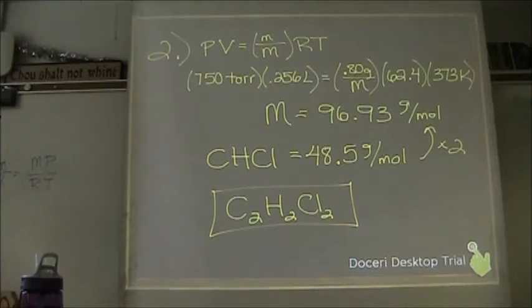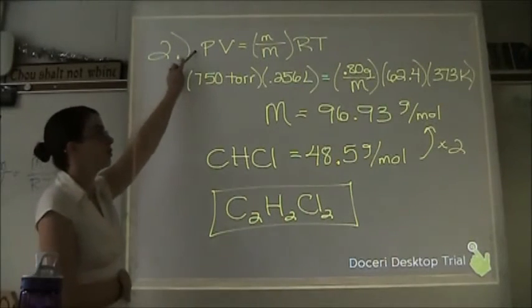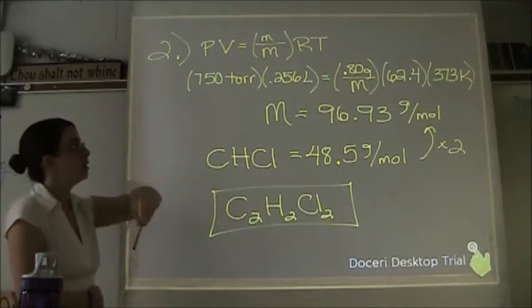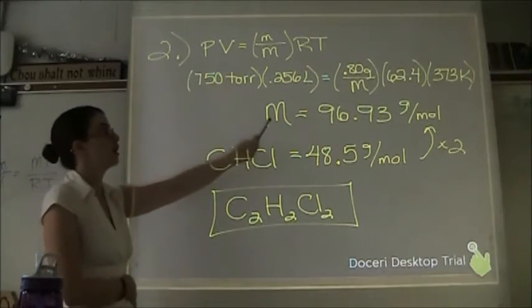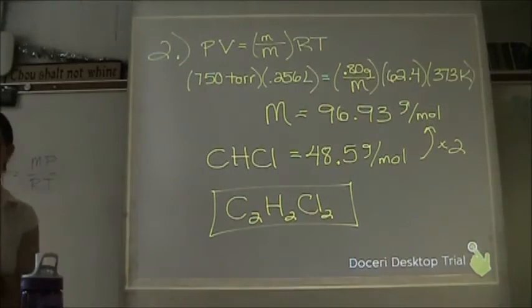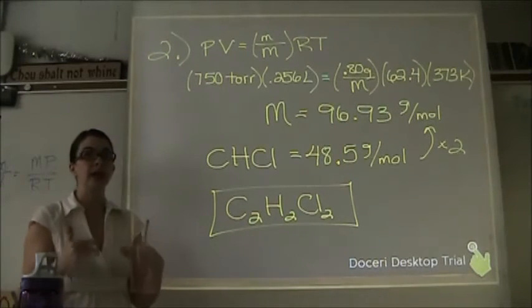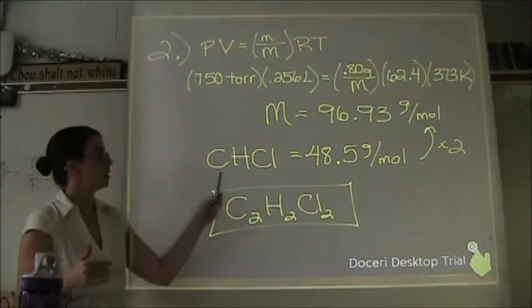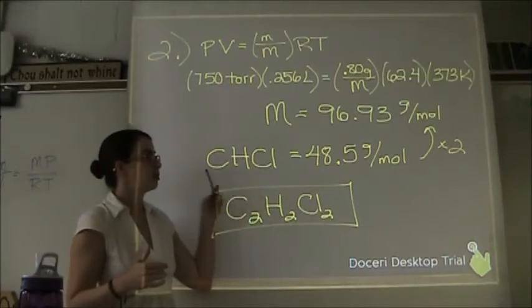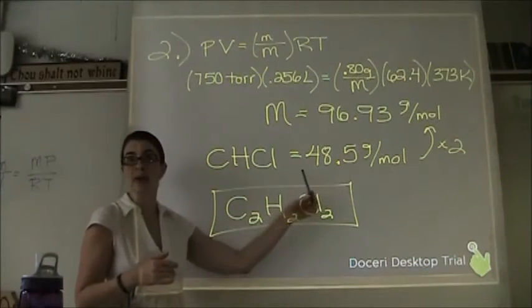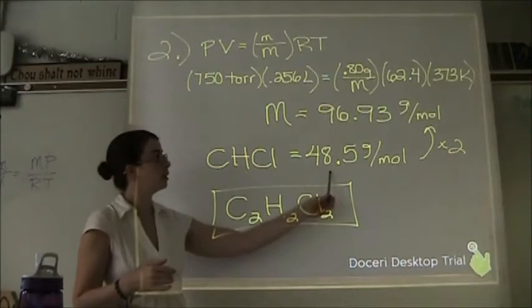Okay, so there's number 2. And let me just say again, did I have to use this equation? No. I could have used any equation that involves molar mass, because that's what I needed to find. And remember, in an empirical molecular situation, you were given the empirical, which I just looked to my periodic table to get this number.